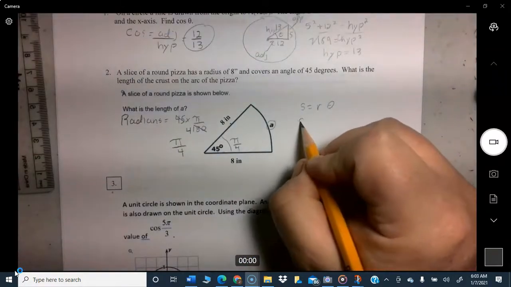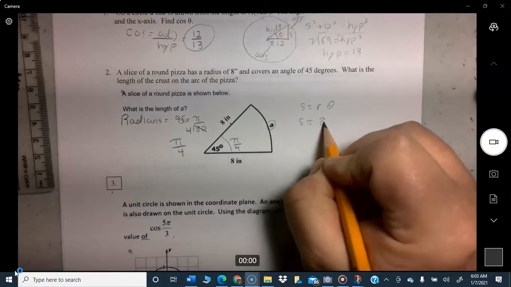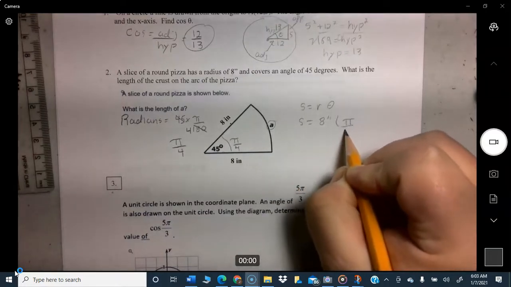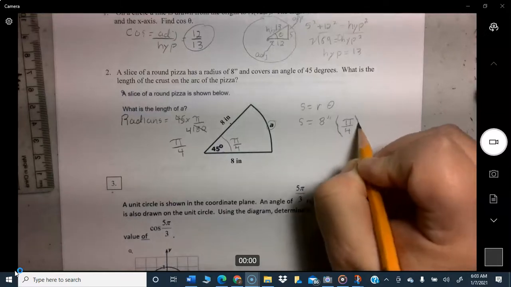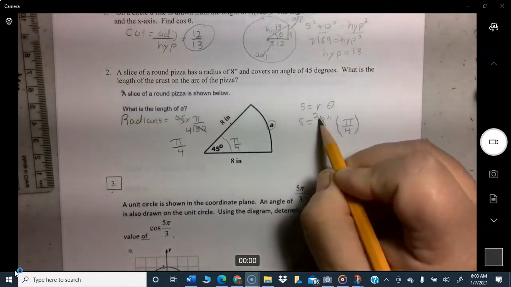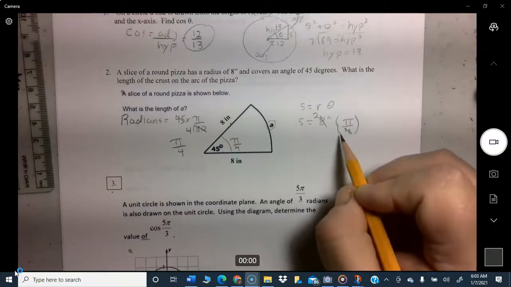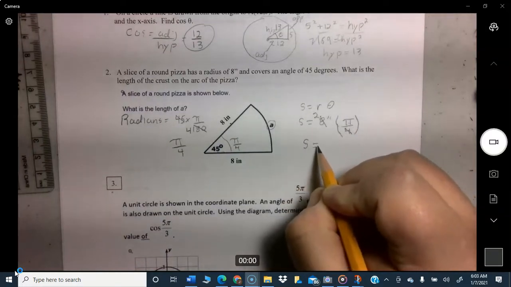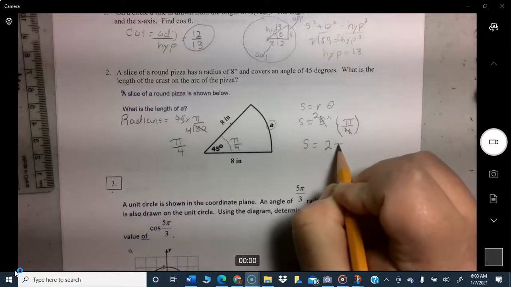Okay, so we're now just going to do a multiplication. It's 8 inches times pi over 4. And 8 cancels with 4. 8 becomes 2, and 4 becomes 1. So 2 times pi is 2 pi, so S equals 2 pi.